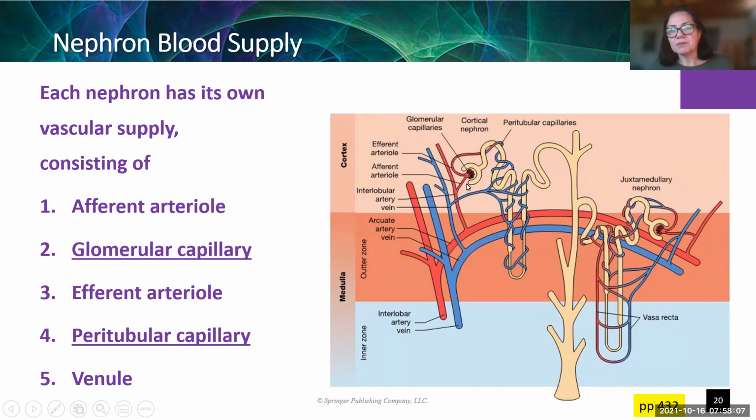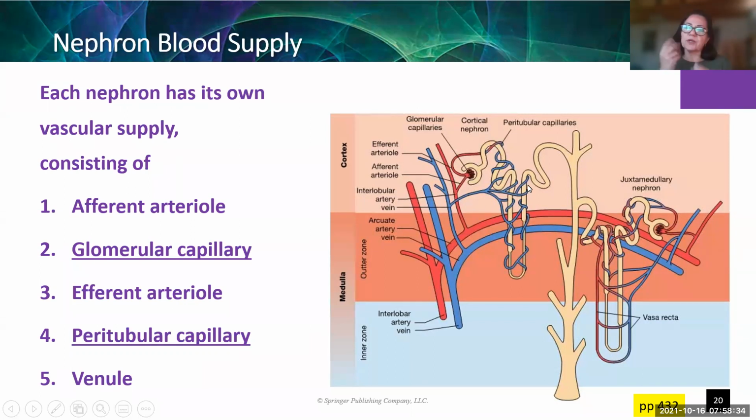So afferent, bringing the blood in, then we squeeze out a bunch of the plasma here in the capsule. And then efferent, the remaining blood, goes to this peritubular capillary, which wraps itself all around the proximal and distal convoluted tubules and the loop of Henle.